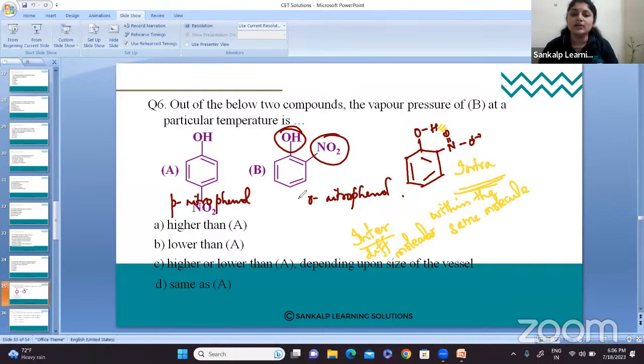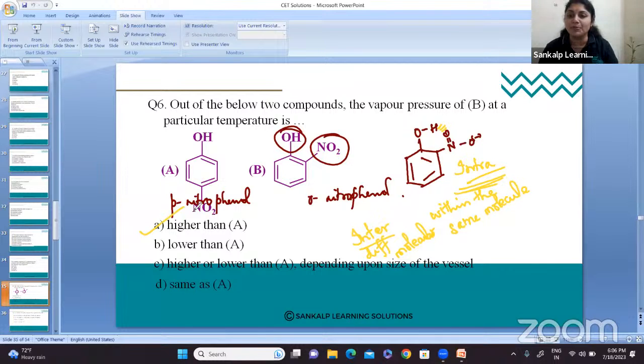Now in the B compound, there is intramolecular hydrogen bonding, and in the A compound, there will be intermolecular hydrogen bonding. So due to intramolecular hydrogen bonding, the vapor pressure of B is higher than that of A. So option A is the right answer.